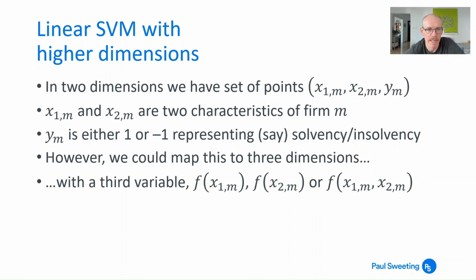Another way of looking at it is x1m and x2m are the 2 characteristics of firm M, and ym is either 1 or -1, representing solvency or insolvency. But we could map this to 3 dimensions with a third variable, a function of x1m, or a function of x2m, or a function of both of these 2.